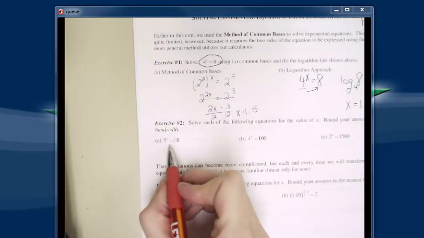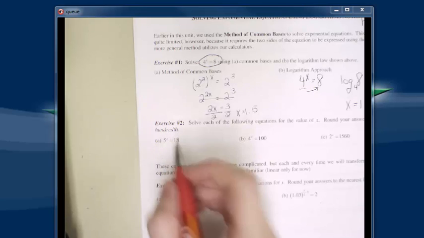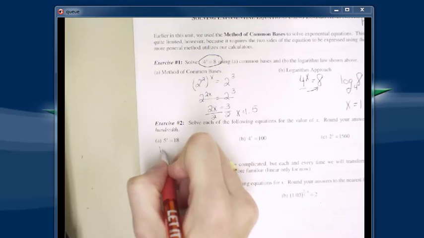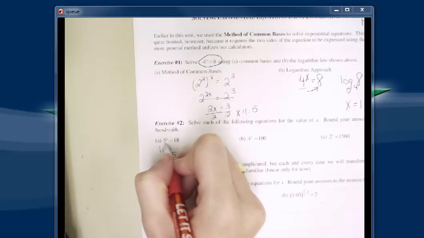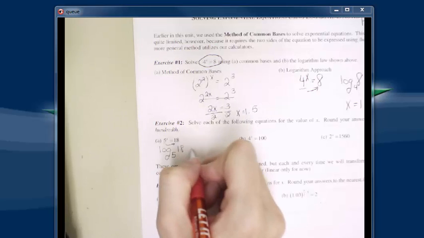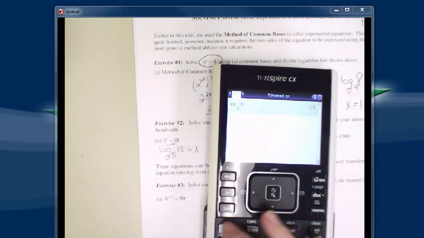Alright, so let's practice a little. This one, the exponent is the variable, so we need to change it to logs. So, log base 5, loop over, get the 18, equals x. Throw it in the calculator. Log base 5 of 18.